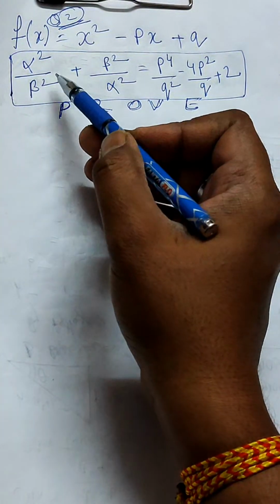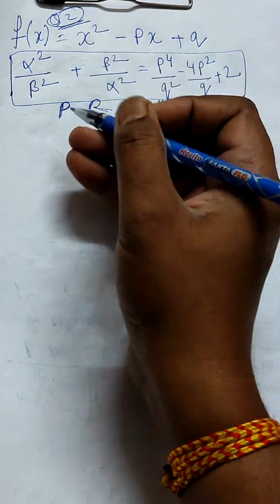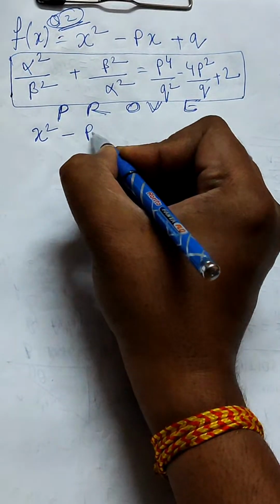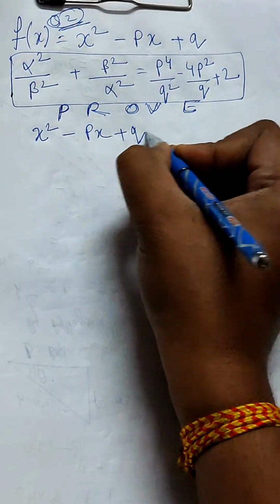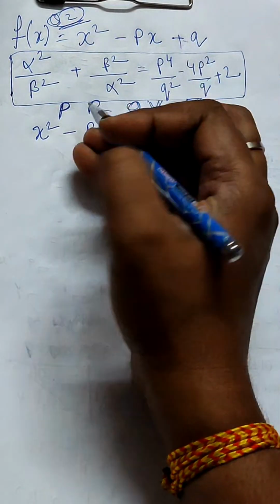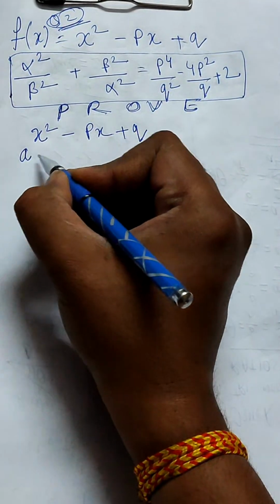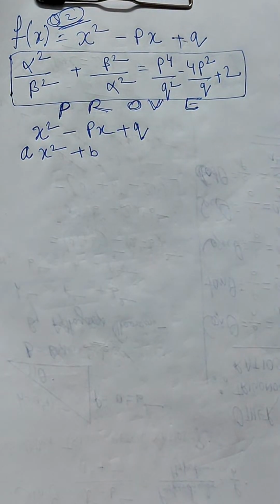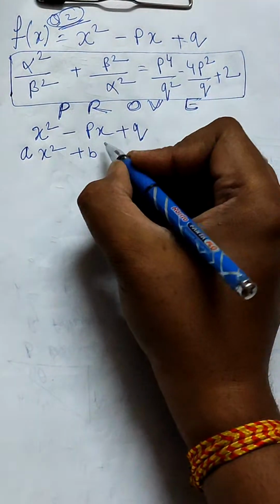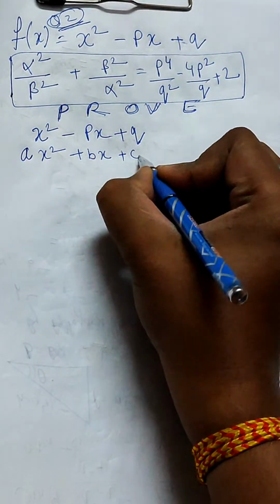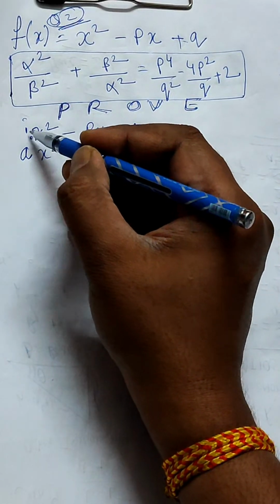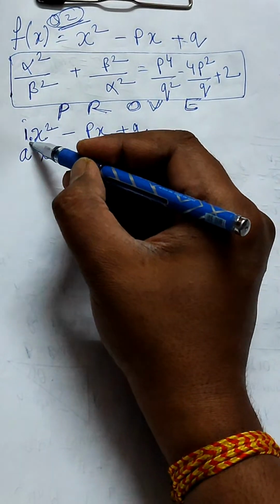Here the quadratic equation which is given to you is x square minus px plus q, right? And if you compare it with the standard form of the quadratic equation, what will come? If nothing is there, the coefficient of x square is 1.